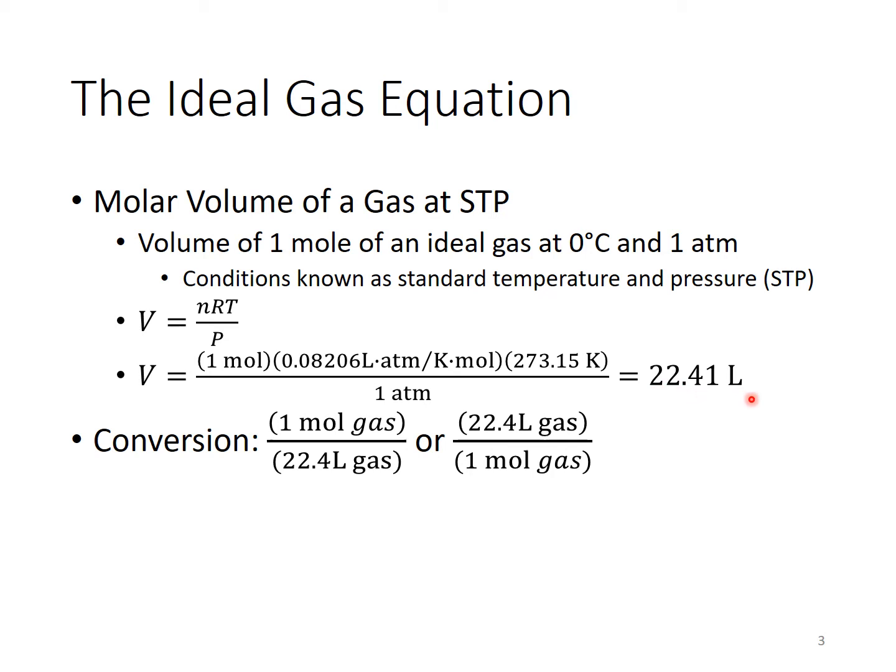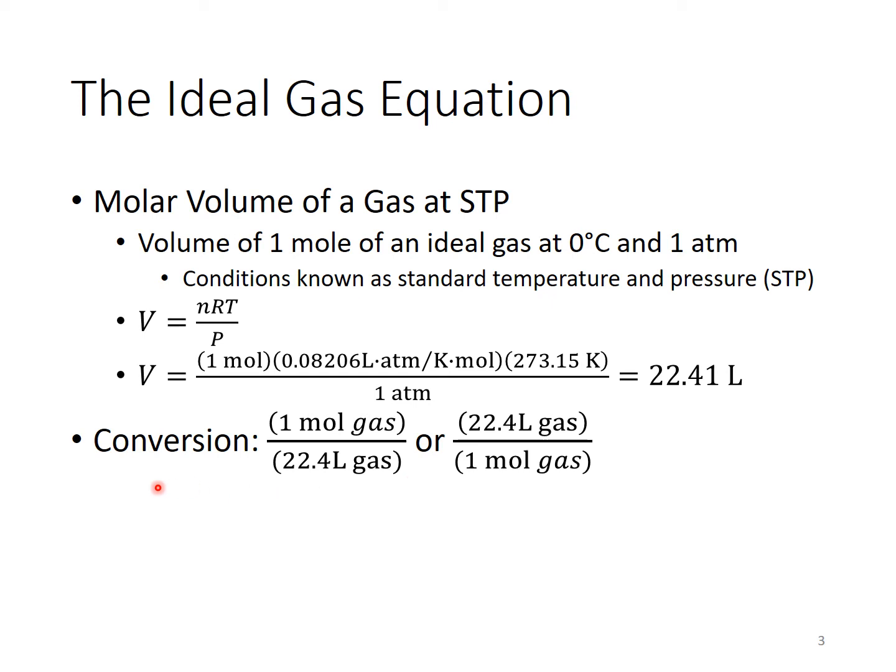This is convenient because we frequently talk about ideal gases at standard temperature and pressure. We know 1 mole of gas, we always know R, we know the temperature and the pressure, so we can solve for the volume. This turns into a pretty simple conversion: 22.4 liters of gas equals 1 mole of gas.